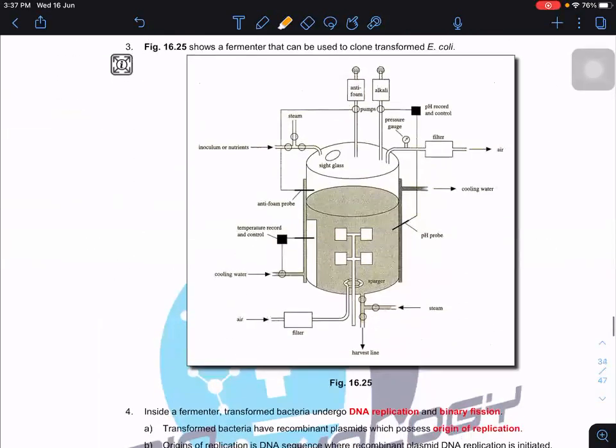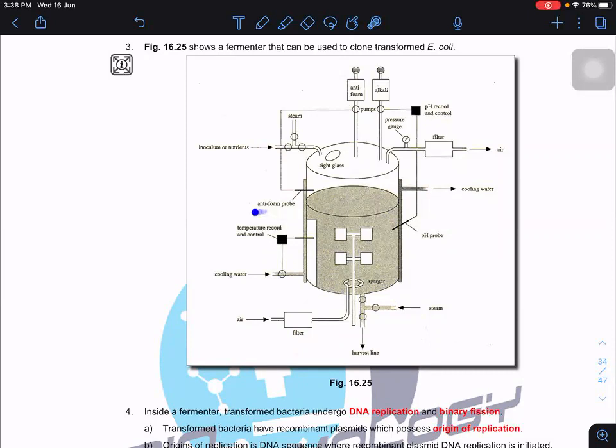So you can see that this is a basic fermenter, the design here. If let's say the bacteria require air, it can actually channel in the air, and we have the stirrer here to make sure that the temperature is even. We have the pH probe to make sure that the pH is optimum, and then we do have the cooling water, to make sure that it won't be overheated inside this chamber.